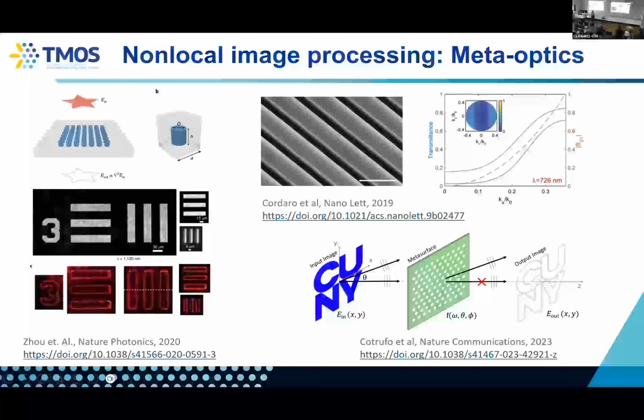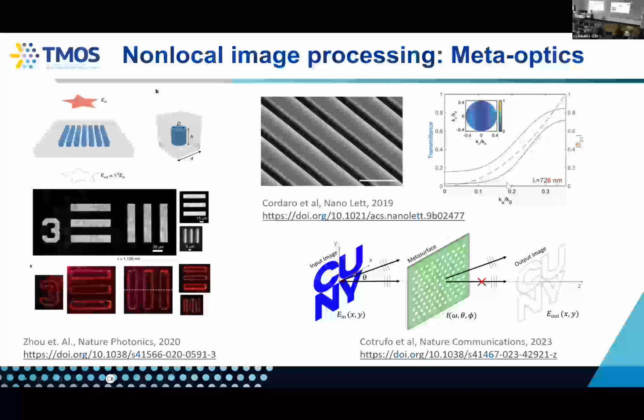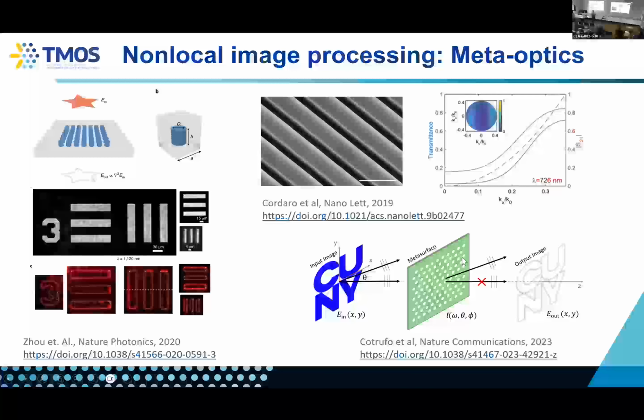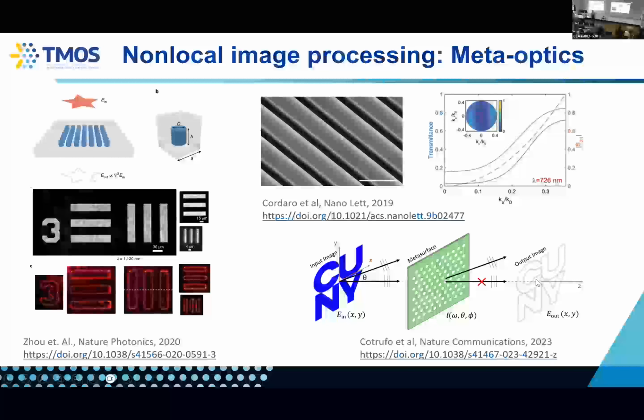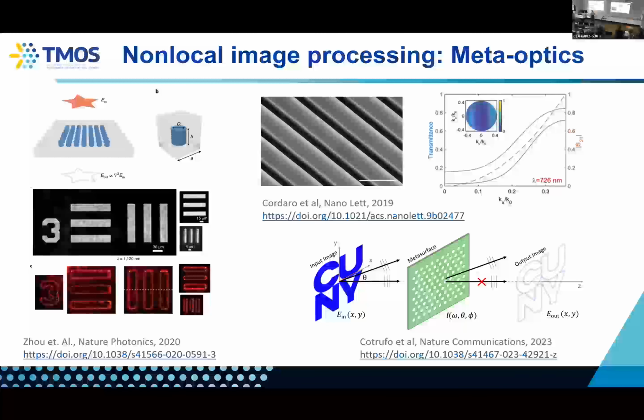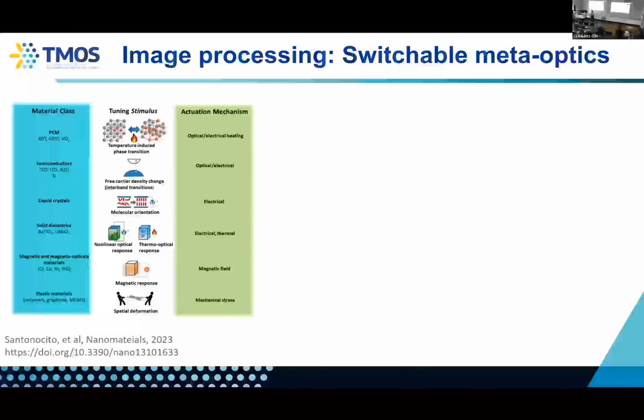And the other one here involves a kind of metasurface or even a photonic crystal type of structure. And again, the group of Andrea Alù were able to show that this type of device was able to produce an edge-enhanced image. I'll come back to this shortly because we've done some work building on this.